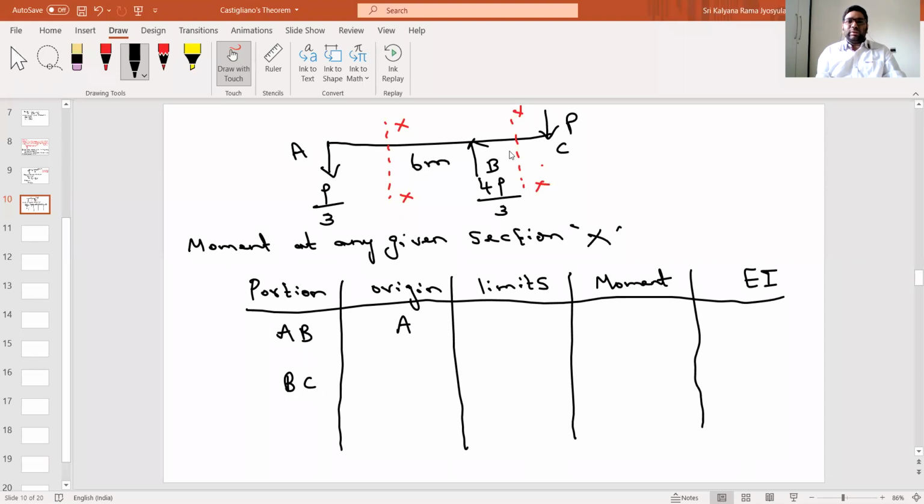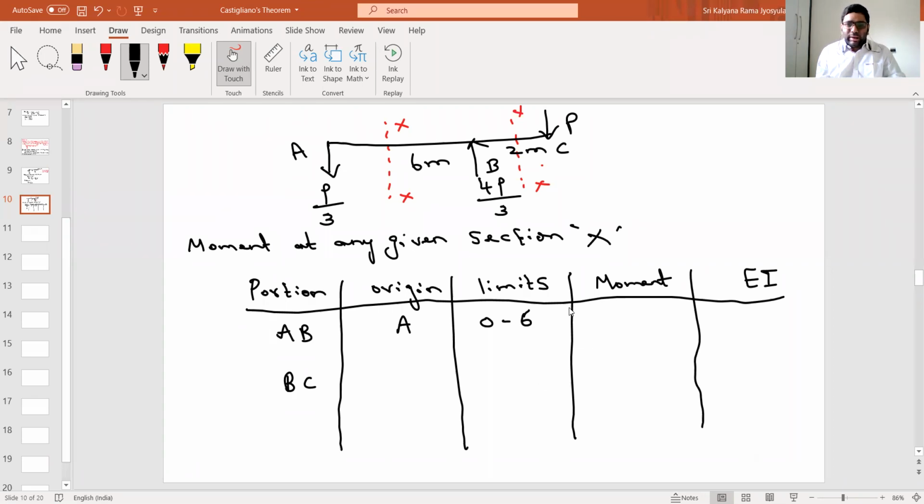So this is 6 meters, this is 2 meters. Total distance 6 meters, 2 meters. When I take this A as origin, what are the limits from A to B? 0 to 6.